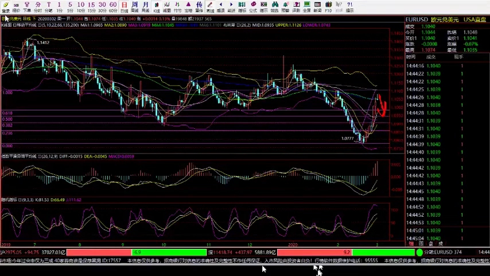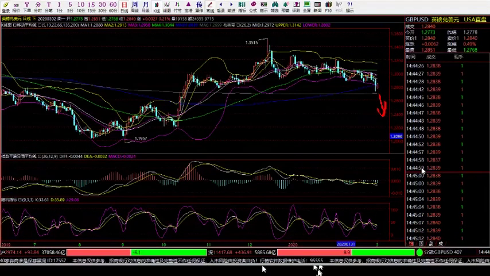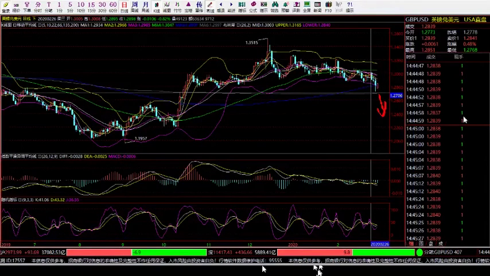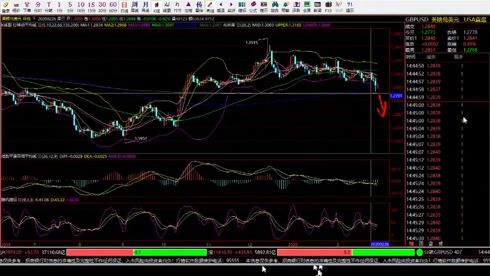Okay, let's see the British pound. Now the price is around 1.2840. Last week, the lowest point almost touched 1.2730. The 200 moving average line was 1.2700, so it should be very strong support here.